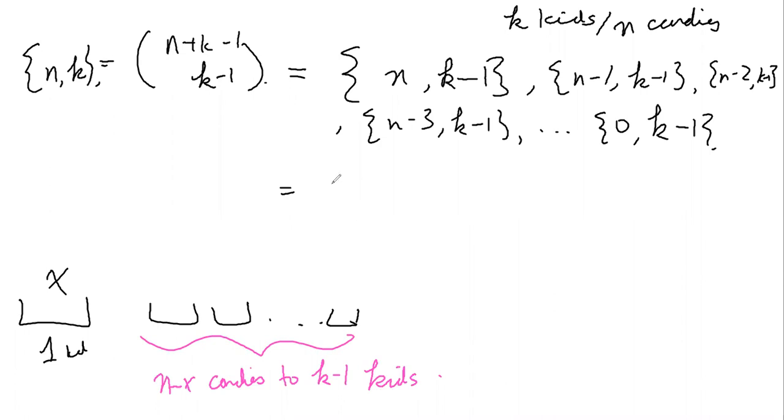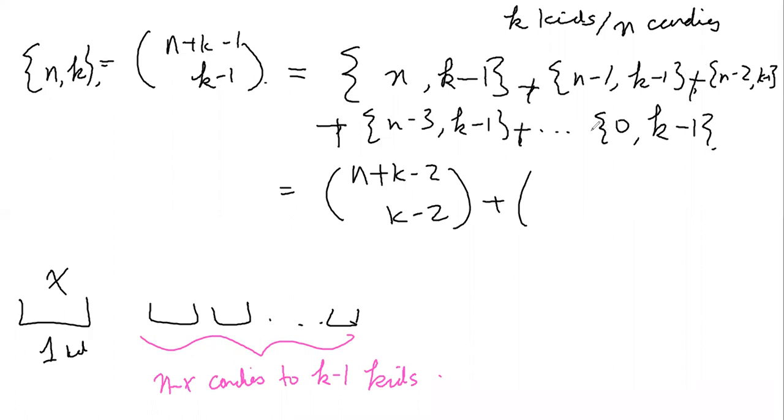Specifically, this part here becomes n plus k minus 2 choose k minus 2. This one becomes, and again, we're adding them together, I forgot to put addition signs here, but we are adding them together because it's casework, the different cases. And this one becomes n plus k minus 3 choose k minus 2.